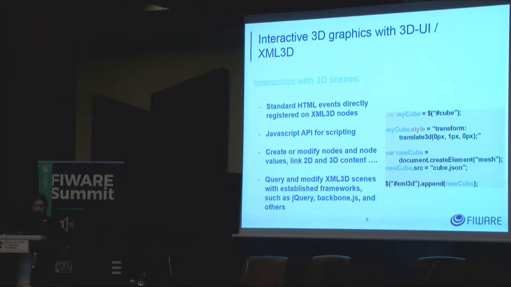Assuming we have a cube already existing somewhere, the one I showed before that has an ID called cube, we can use jQuery to find this cube in the scene, and by just changing the attributes of this node, we can apply new transformations, but also new shading information. And in the same way, we can also create new elements and just add them to the DOM. So this is very much similar to how you would also create 2D elements or static elements in existing web pages.